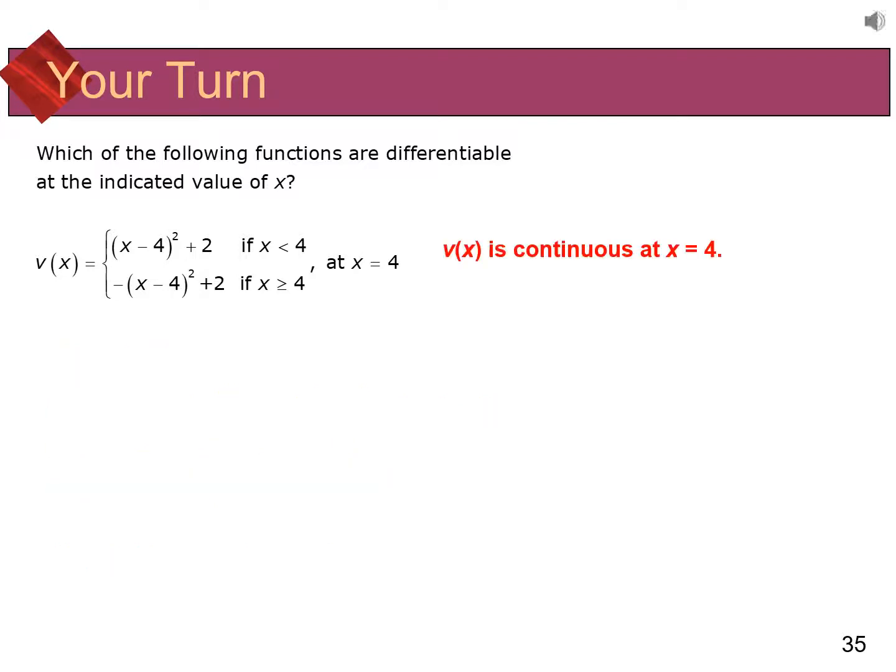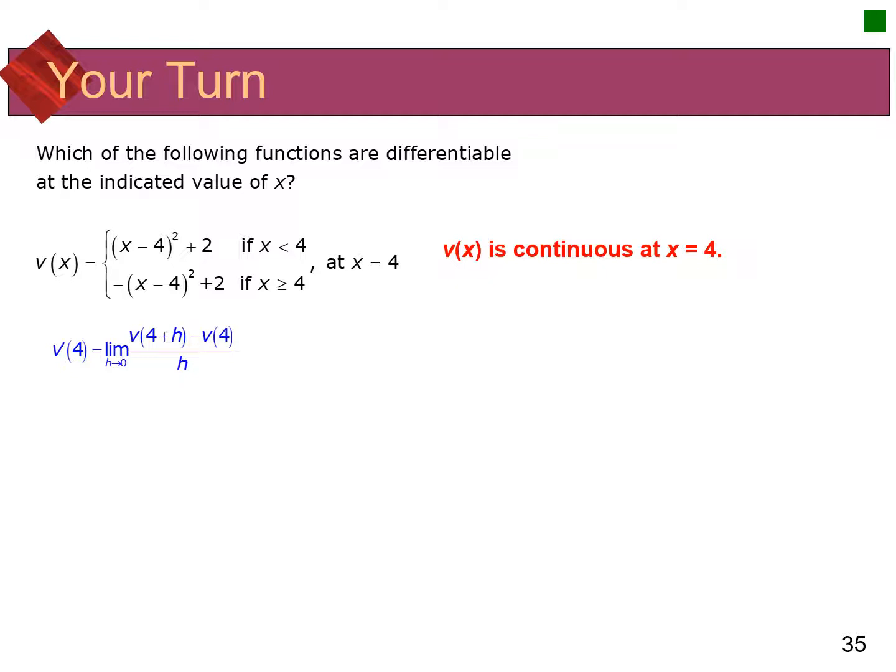Now that I know it's continuous at x equals 4, I'm going to see if it's differentiable there too. So I'm going to do the limit as h goes to 0 of v of 4 plus h minus v of 4, all over h. That's how I'm defining v prime of 4. Now the issue is, again, if I'm less than 4 or greater than or equal to 4, it's going to matter which formula I'm using.